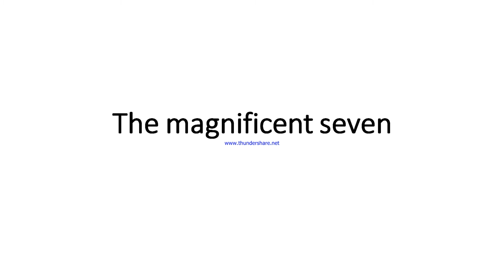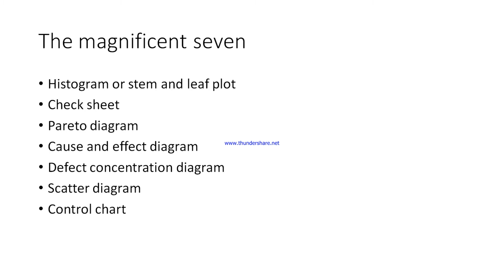We use these Magnificent Seven, that is, basically 7 tools that we use in the statistical quality control field. Using these tools we can identify whether your process is in control or out of control, or we can identify the outliers of your process, right?